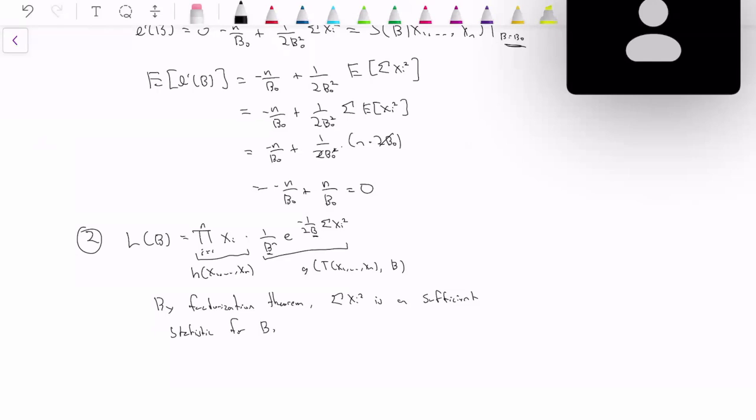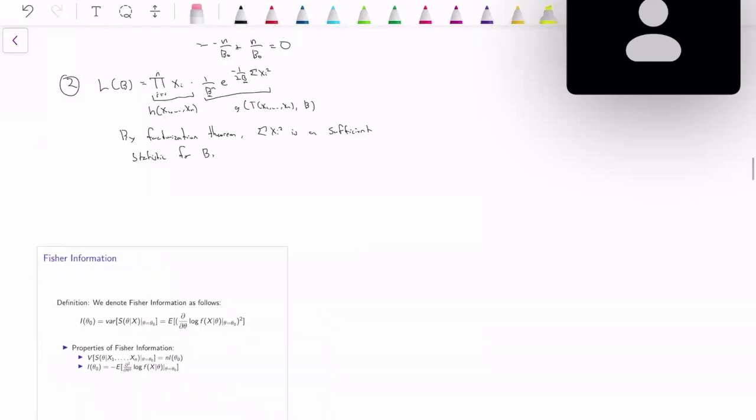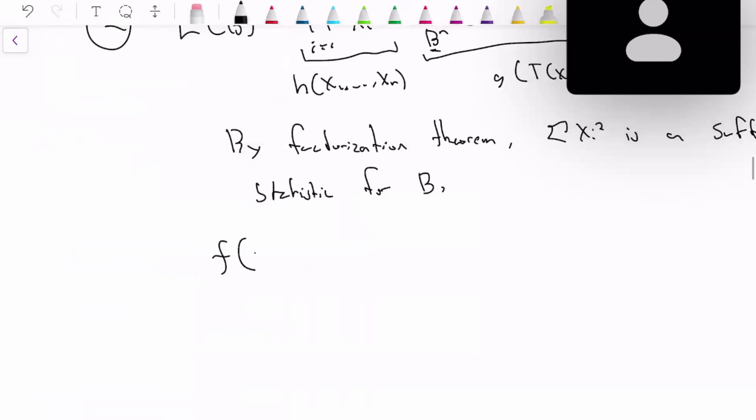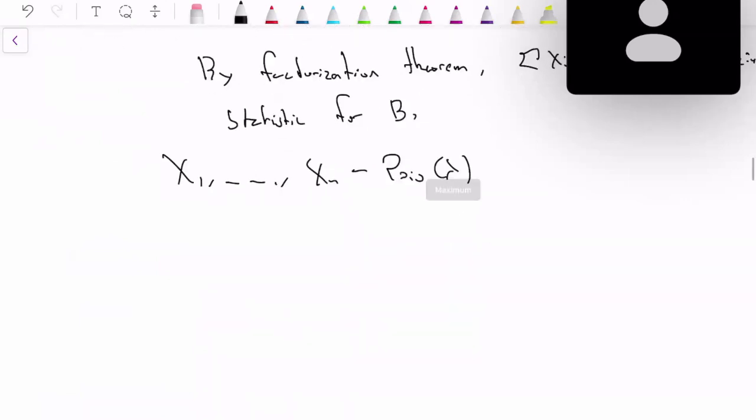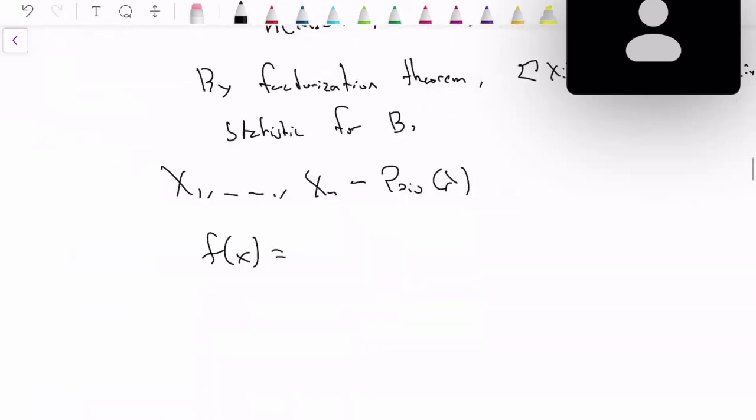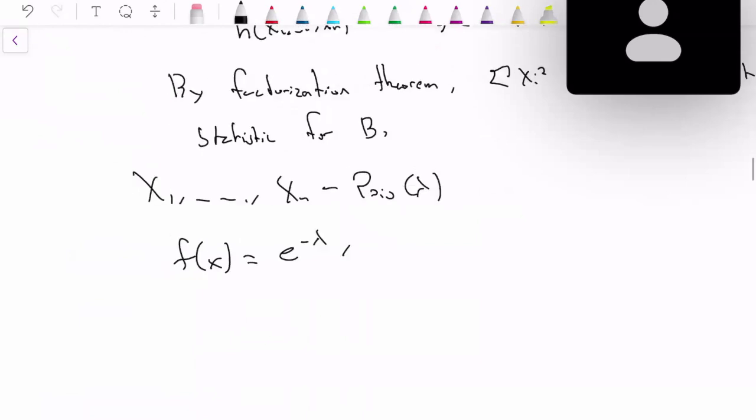Let me see, I have time. So let's think of another example. Let's say you had a Poisson distribution. Let's say I had x1 to xn following a Poisson lambda distribution. Recall the PDF of Poisson is e to negative lambda, lambda to the power x over x factorial.